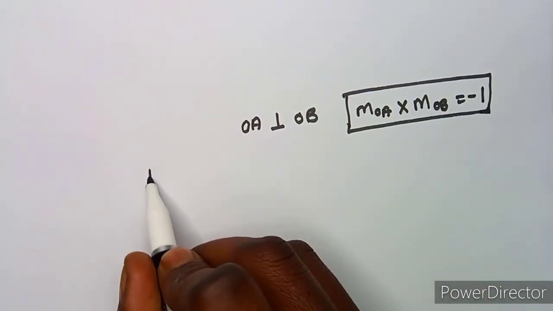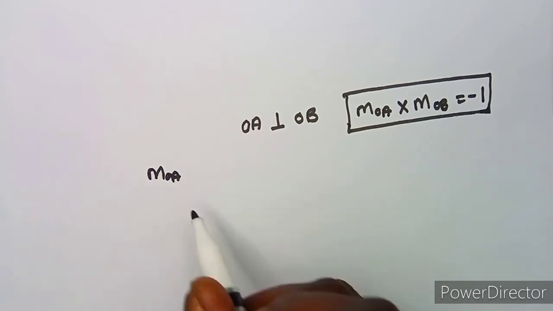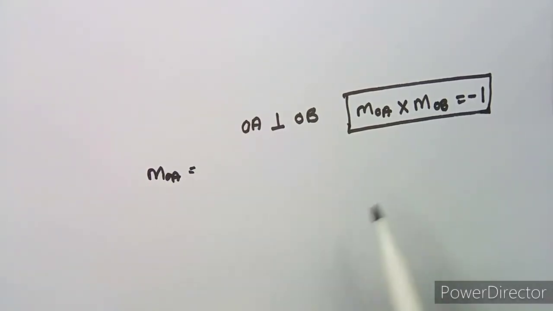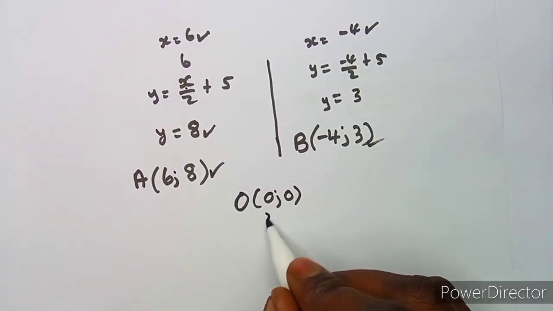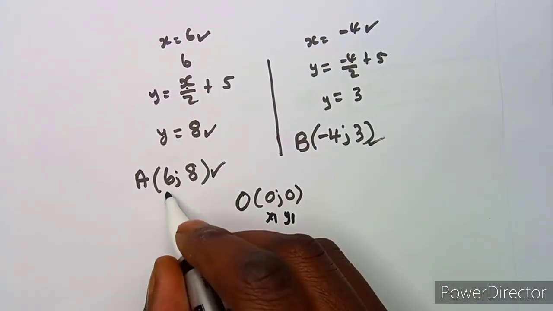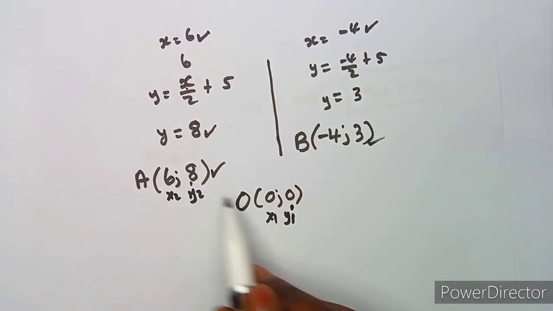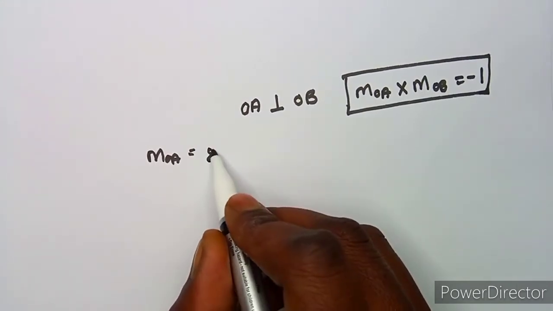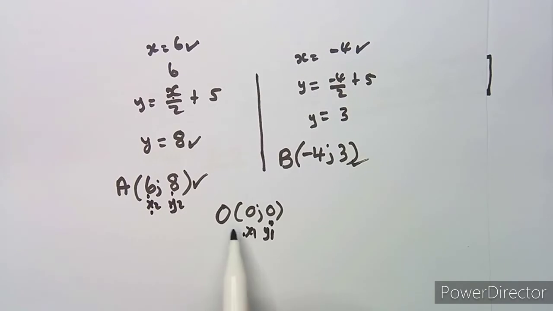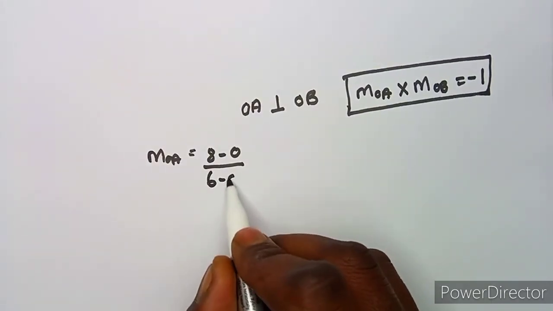OA. So the gradient of line OA, as we know, guys, is y2 minus y1 over x2 minus x1. In this case we can just name our points. This is our x1, y1, this is our x2, y2. So y2 minus y1 is 8 minus 0, over x2 minus x1, which is 6 minus 0.